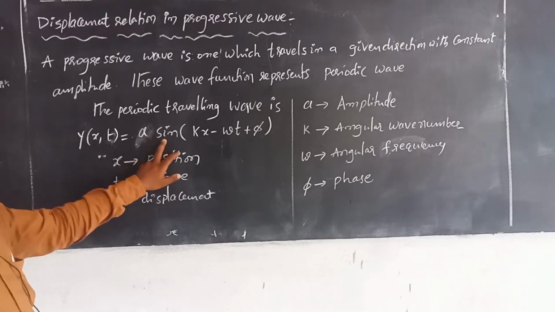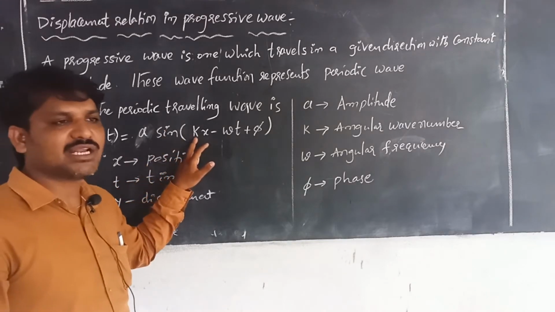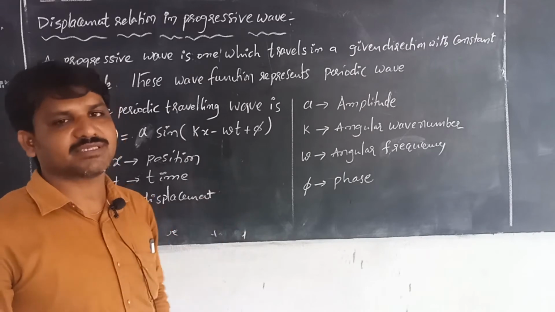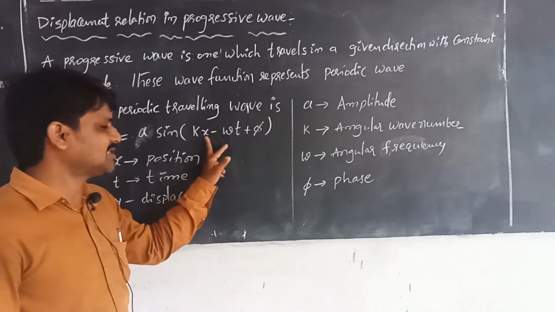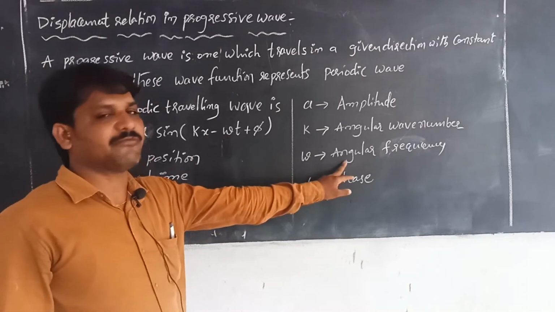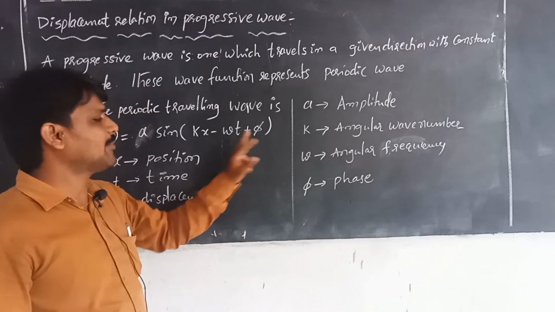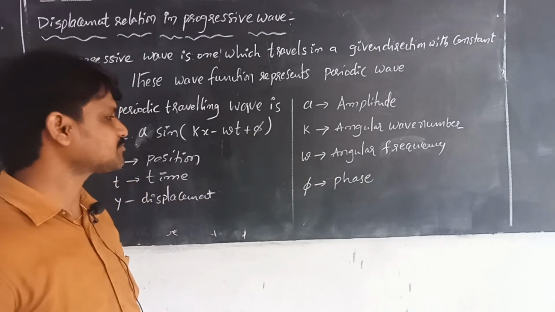Here k is the angular wave number, meaning the number of waves in a given distance. ω denotes the angular frequency, and φ means phase.